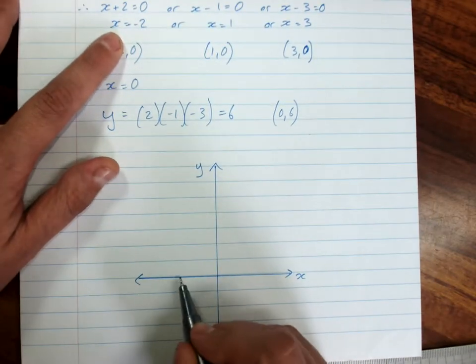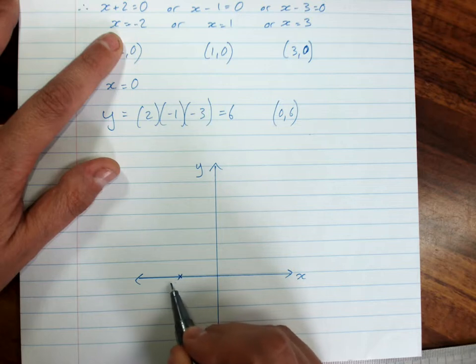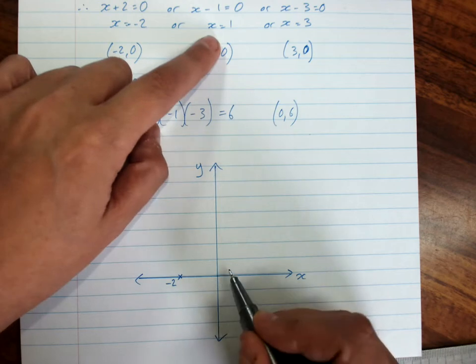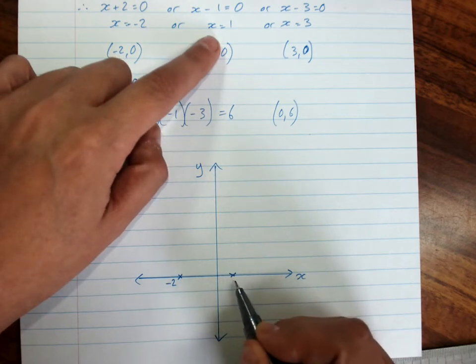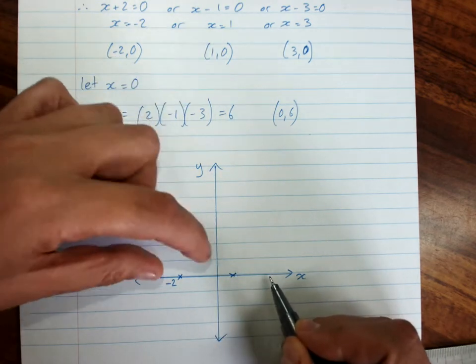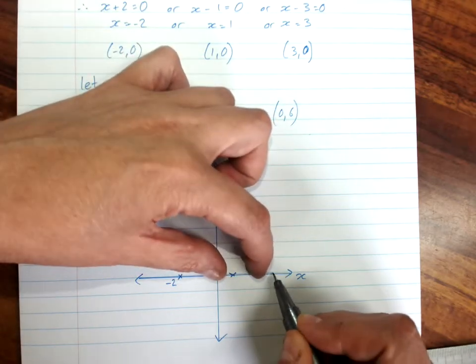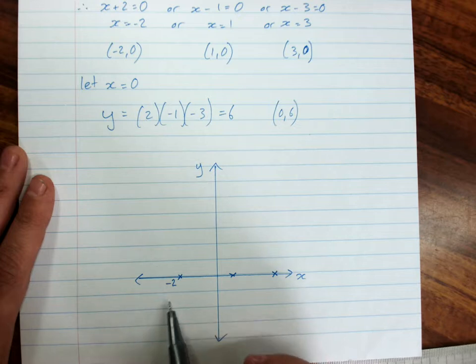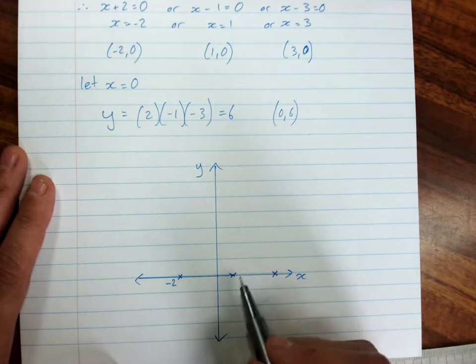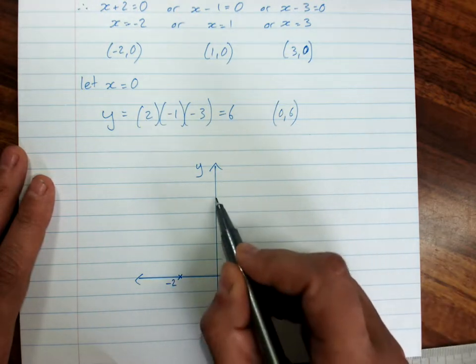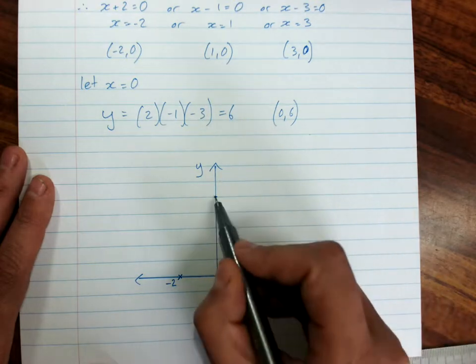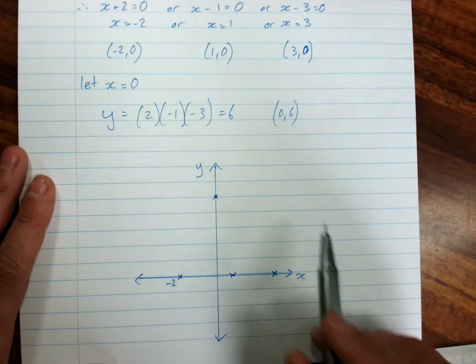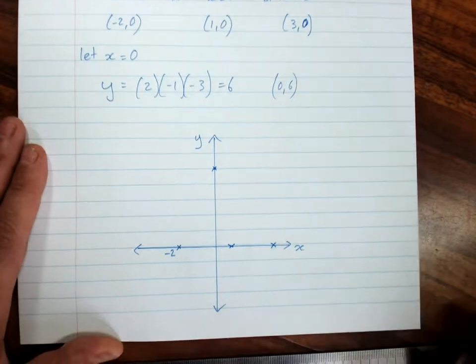So I need x is negative 2, x is 1, and x is 3, so just as long as it's further out than the 2 was. I'll label these after I've put the cubic in, because otherwise they're going to get in the way. And something that looks reasonably suitable for the y-intercept of 0, 6.